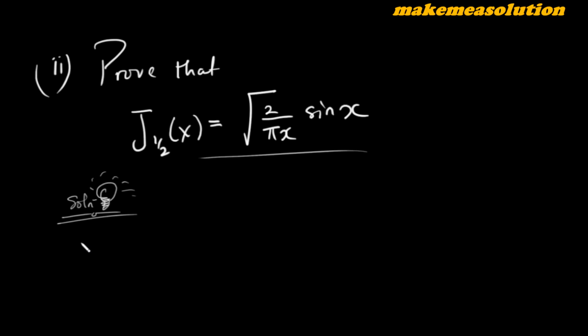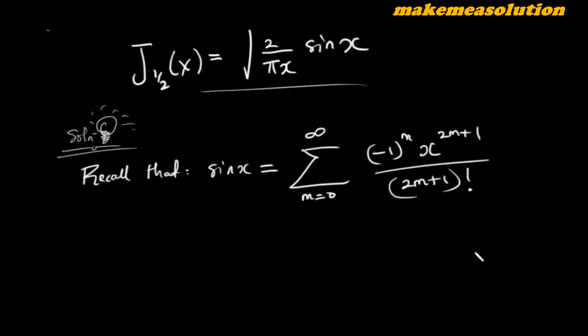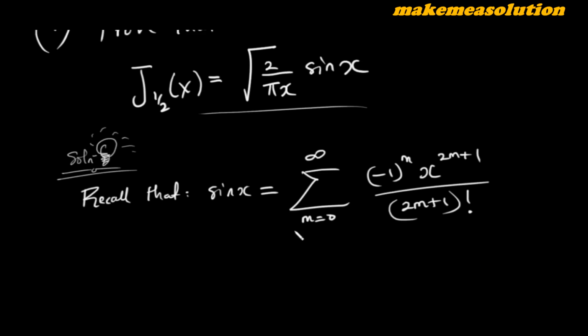So you need to recall that for a function like sine x, the power series expansion is given to us as summation m equal to 0 to infinity of minus 1 raised to the power of m, x raised to the power of 2m plus 1 all over 2m plus 1 factorial. So this is the power series expansion for sine x.